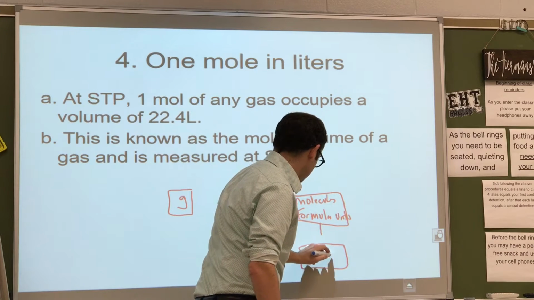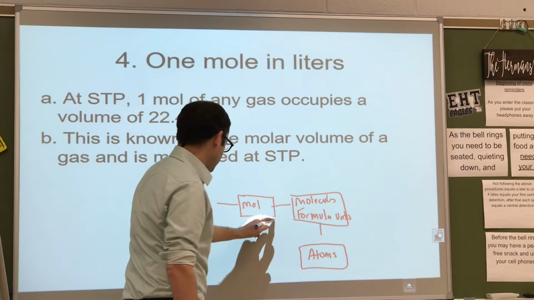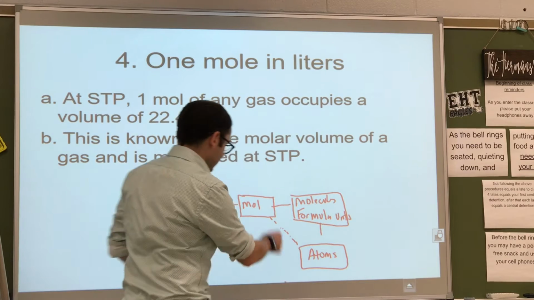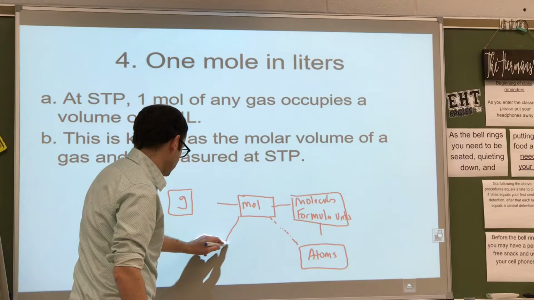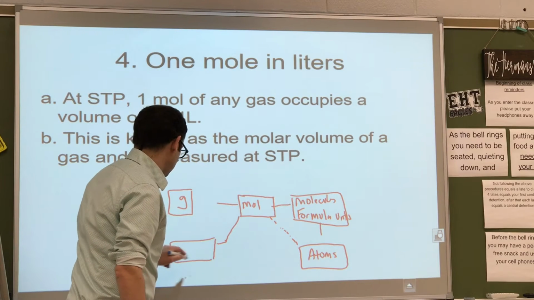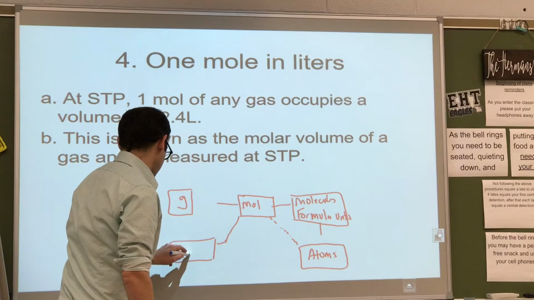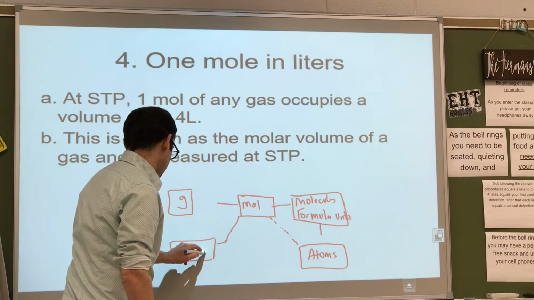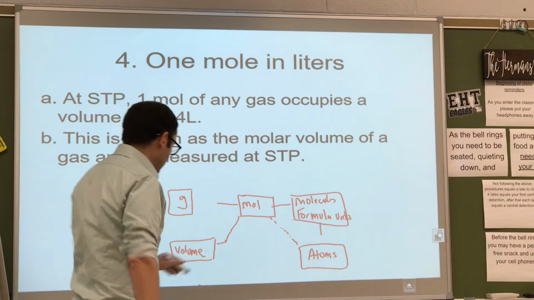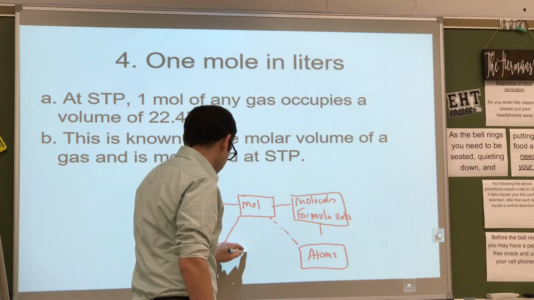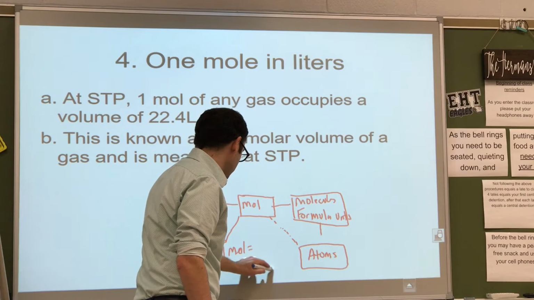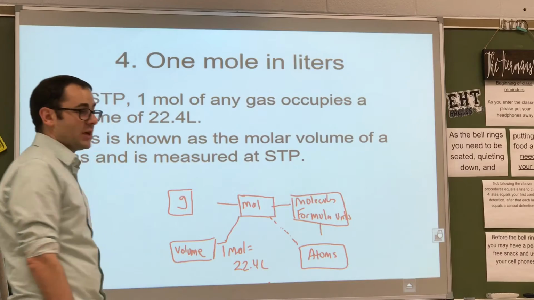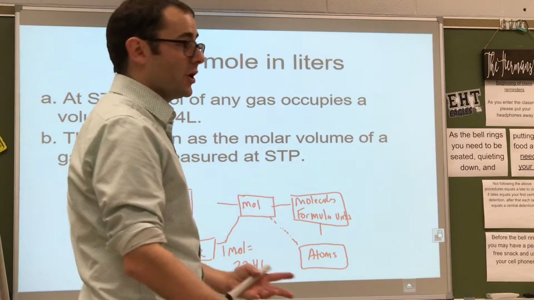We had our shortcut if it was one element, you know, you can go straight there. But now we're going to add our volume. All right, so we have volume here. And now it's just going to be 1 mole equals 22.4 liters. All right, so we just added a little bit to our mole flow chart.